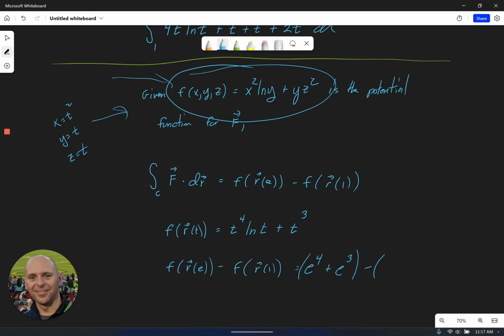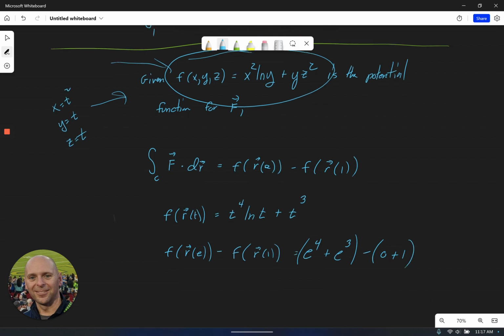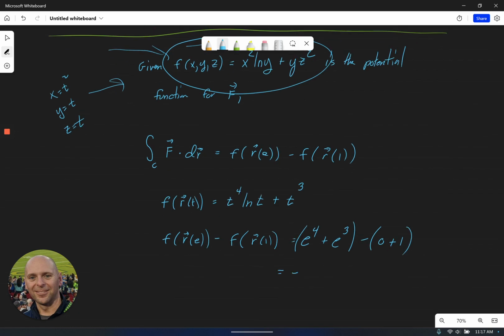The ln of 1 is 0, so we end up with 0 plus 1 cubed, which is 1, and there you have it. So it looks like this is just going to be equal to e to the fourth plus e cubed minus 1. And again, this is really just a way to go through and see how we apply the fundamental theorem of line integrals.